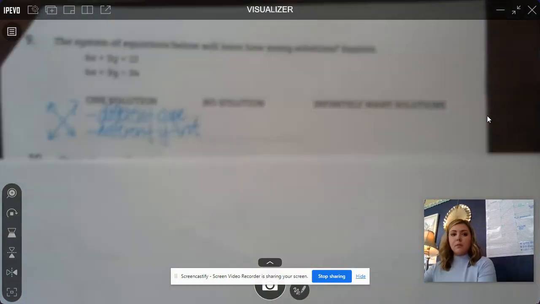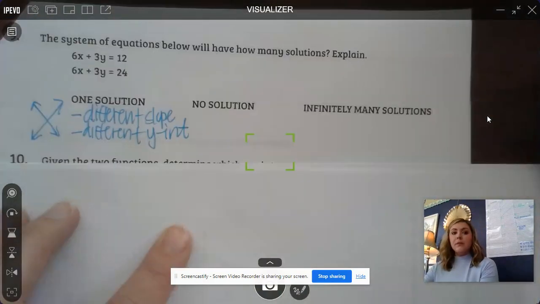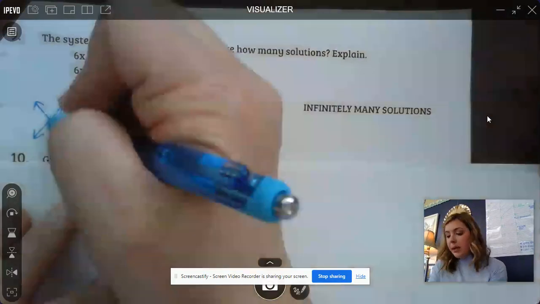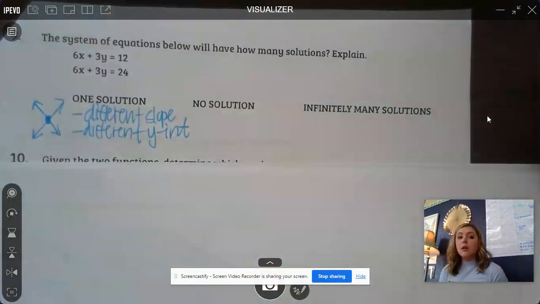Oops, sorry about that. So they will cross at that one spot of x and y. They will have a different slope and a different y-intercept, but they will run into each other at some point.